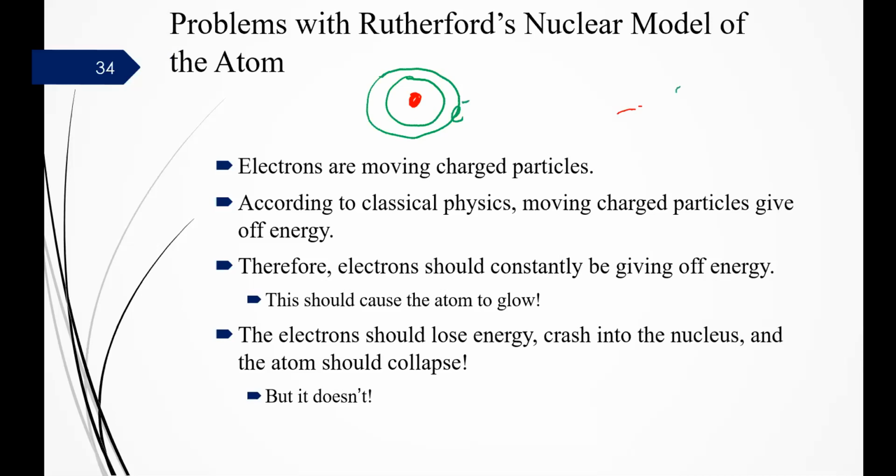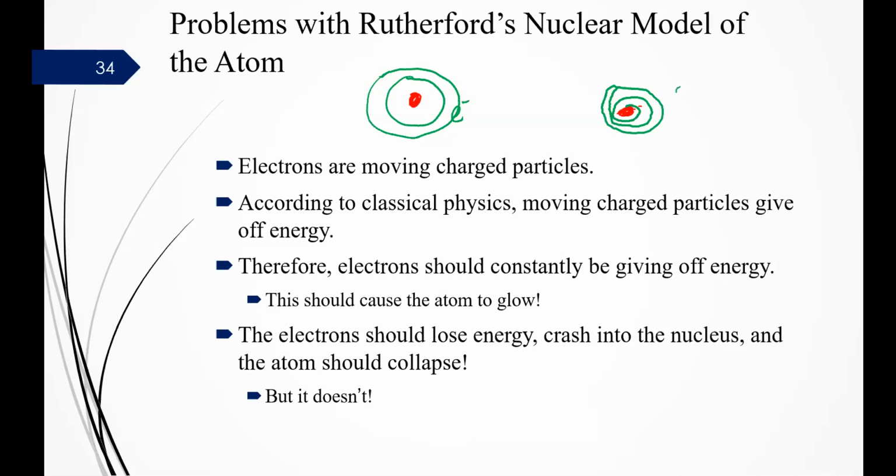And if it's moving around in that orbit, classical physics says that every time that electron turns, it should lose some energy. So instead of making a perfect connection, it should come in a little bit more and a little bit more each time as it loses energy, and it can't keep quite as far away because it's not going as fast. So eventually that attractive force should pull that electron into the middle.